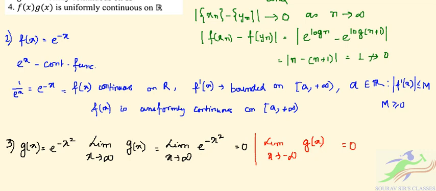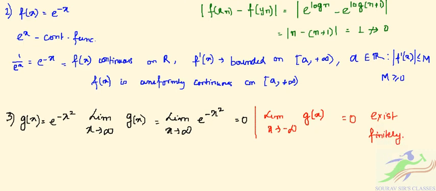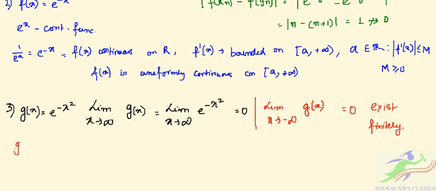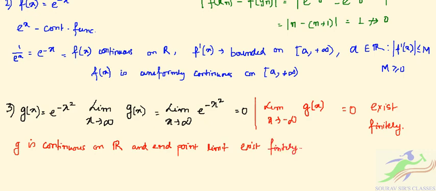So both of these limits exist finitely. So we can say that g is continuous on R and both the endpoint limits exist finitely.